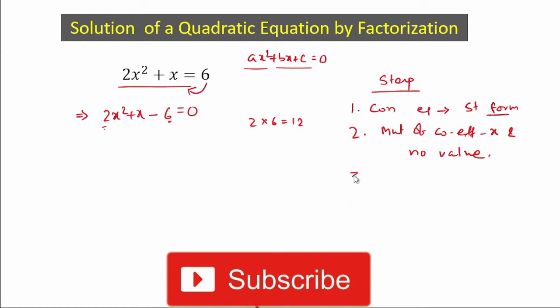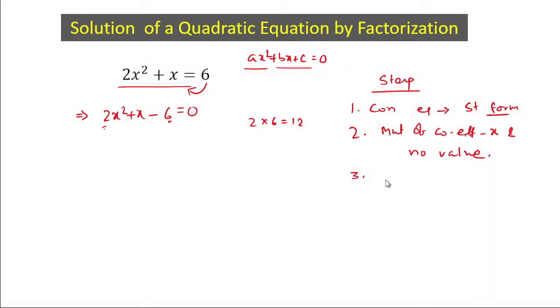Now the third step is factorization of the value 12. Our next step will be to factor into plus or minus so that we get the value given in the middle place, that is 1. Here we'll factor 12 in such a way that our middle value can be extracted from it.